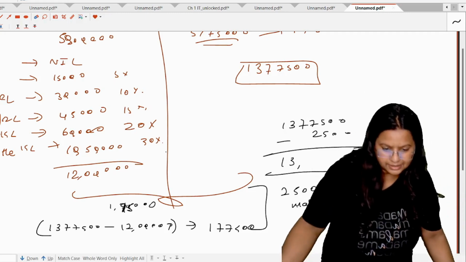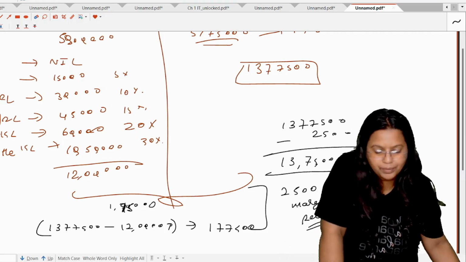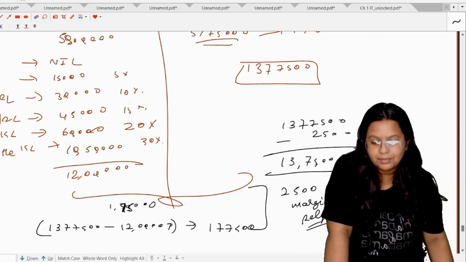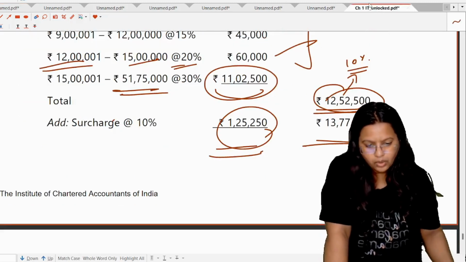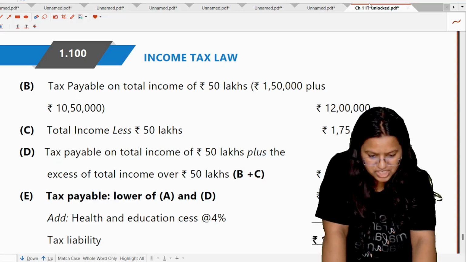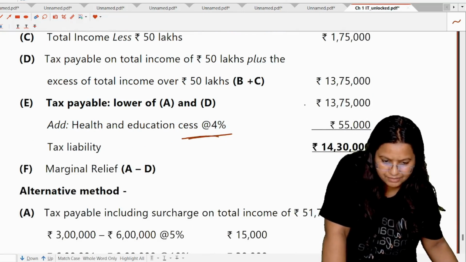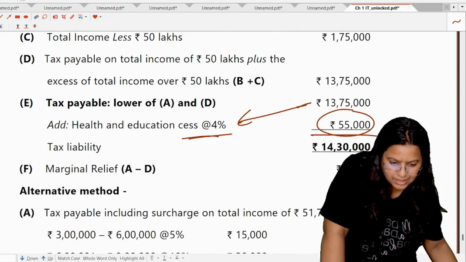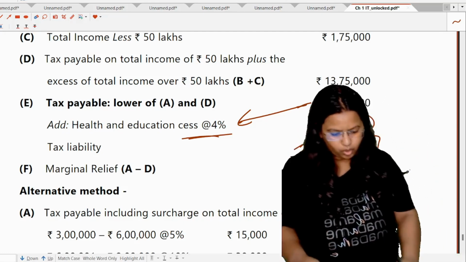It means the person has to pay 13,75,000. So after applying the marginal relief, he has to pay 13,75,000, plus the health and education cess, which shall be 4%. That is 13,75,000 multiplied by 4%, 55,000. So total tax liability is 14,30,000. I hope the question is clear to all of you.